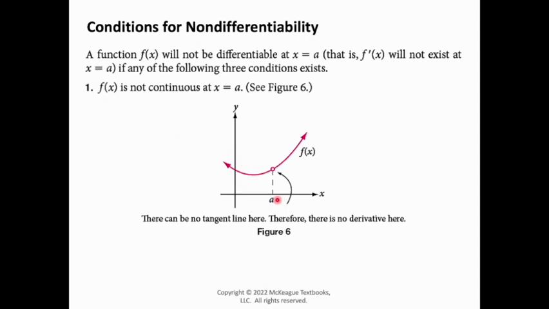If you have a function that has a point of discontinuity, like this one right here, then when I try to take the derivative of f of x at that specific point A, I'm not going to get an answer. So the derivative of f of x at that point A does not exist.